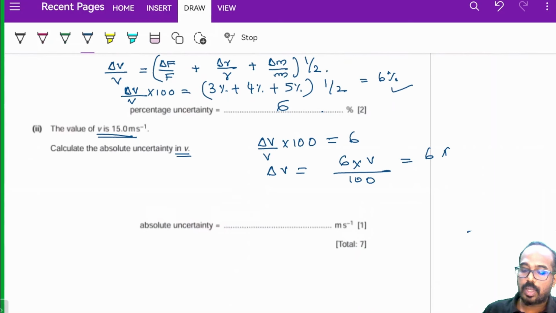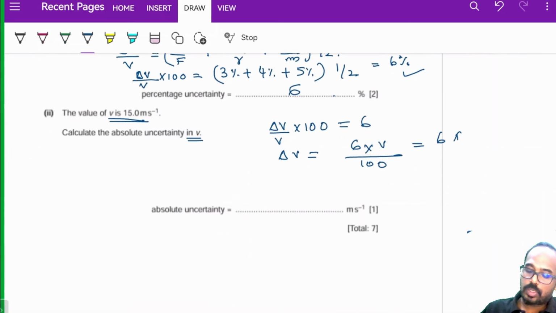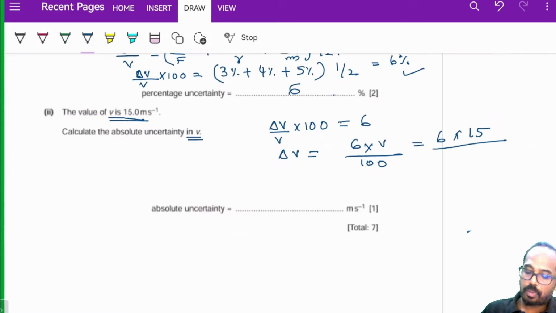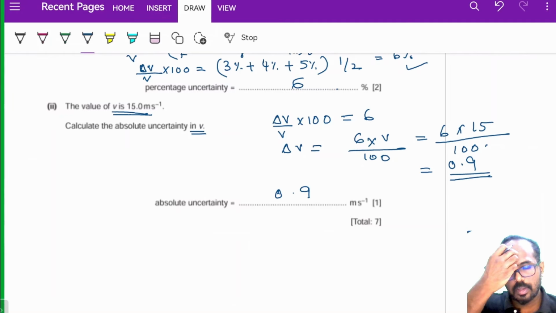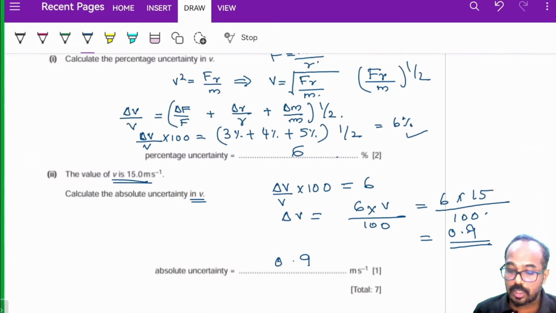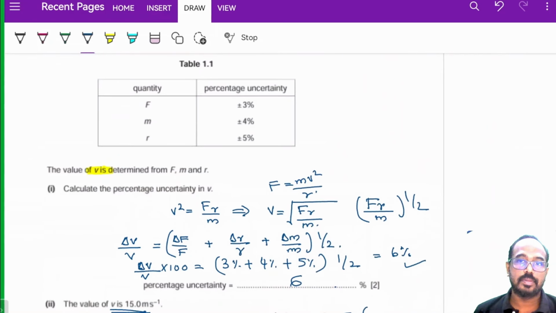So you can cross multiply and write it 6 into, what is the value of V? 15 upon 100. So you put this value in your calculator, 0.06 into 15, which is equal to 0.9. When you round it off, you will get 0.9, okay? So 0.9 is the absolute uncertainty in determining the velocity using these measured quantities. Clear?